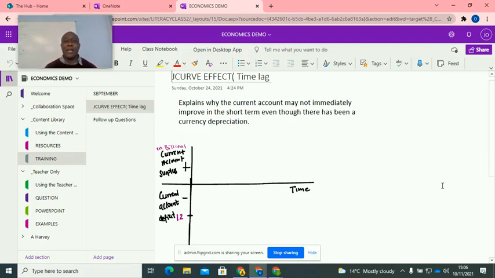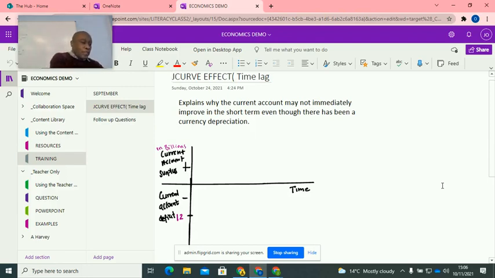The problem is that sometimes in the short run it's inelastic, because of things like contracts. You can't easily change it in the short term. So inelastic simply means that when there's a change in price, it doesn't change demand, especially in the short term.